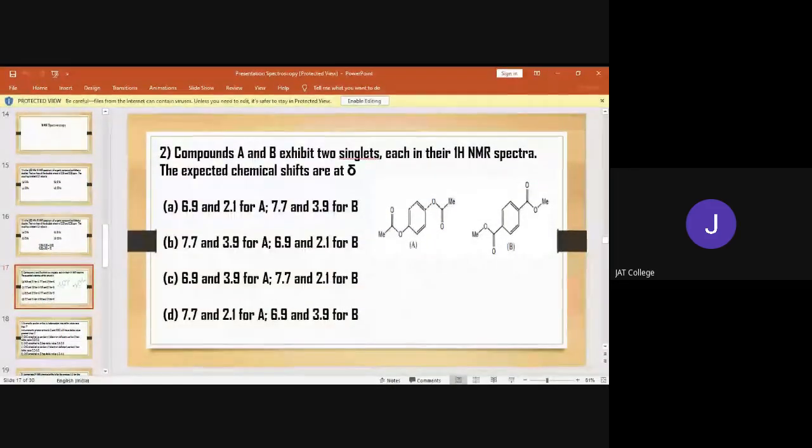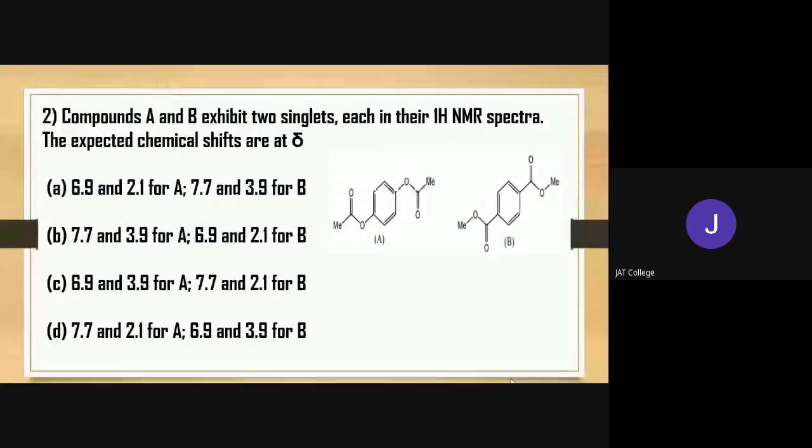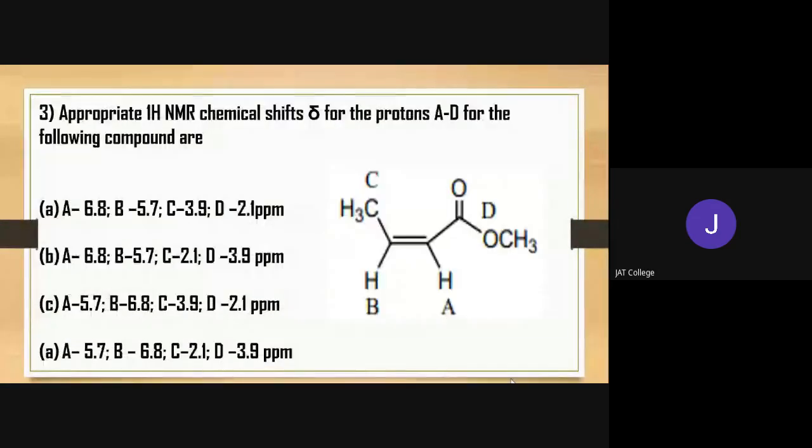So look at here. When we consider the next question, now take a look. Appropriate 1H NMR chemical shifts delta for the protons A to D for the following compound are. Now look at here. Again, we have to use the same concept. D is for CH3.